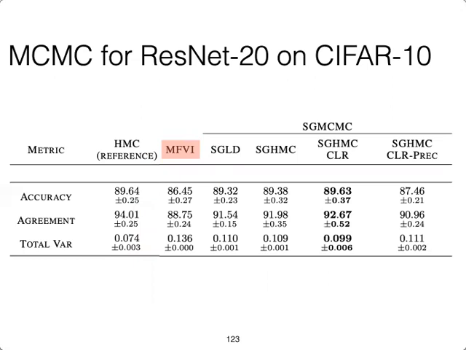And we see that using mean field variational inference results in a drop in accuracy from 89% to 86%, and also less agreement between the mean field samples and the HMC samples, dropping to 88%. And so again, we see a clear degradation between the MCMC and the VI. Although, maybe this is actually surprisingly good, right? For such a strong assumption, you might expect the results to be even worse.